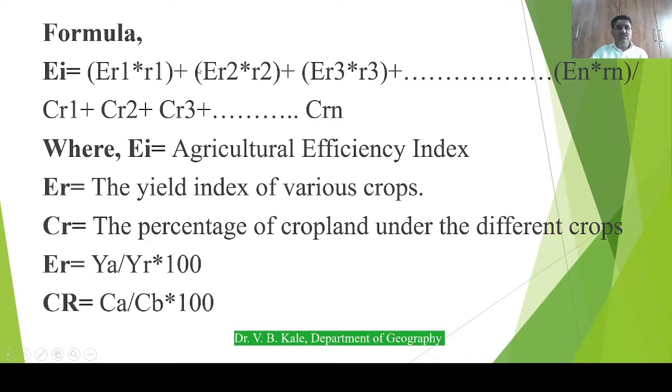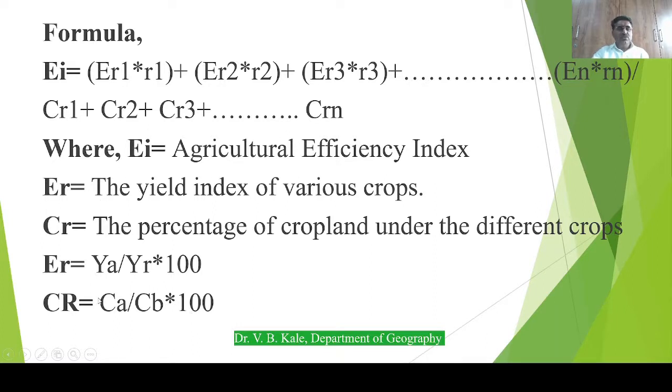So 1 is the number of that crop, 2, in the same way 3, up to n number of crops. CR, in the formula below, is the percentage of cropland under different crops. How much percentage of that particular crop is there, that is CR. ER is equal to YA upon YR into 100, and CR is CA upon CB into 100.